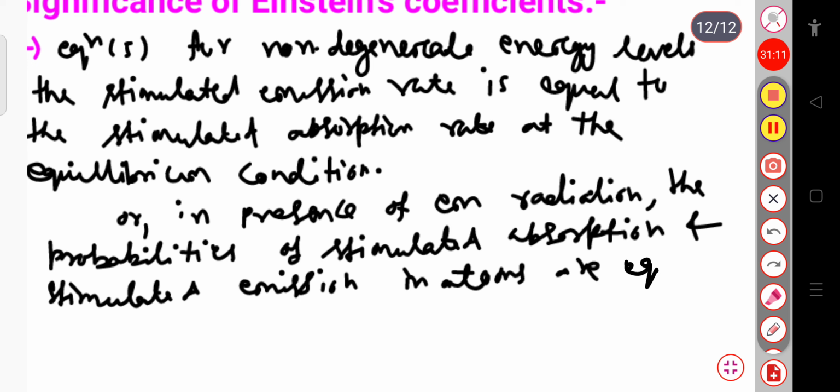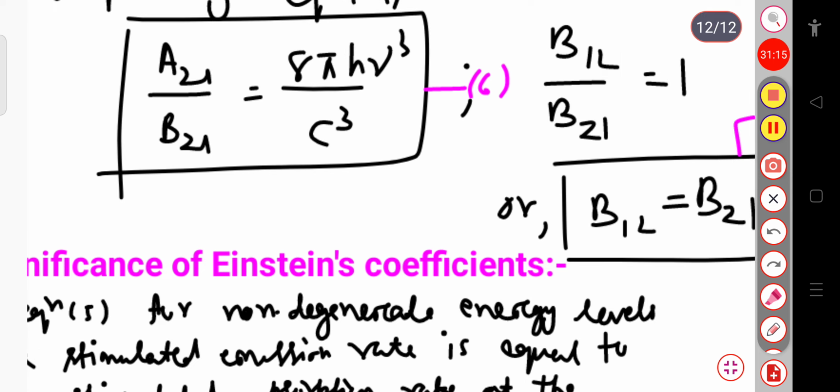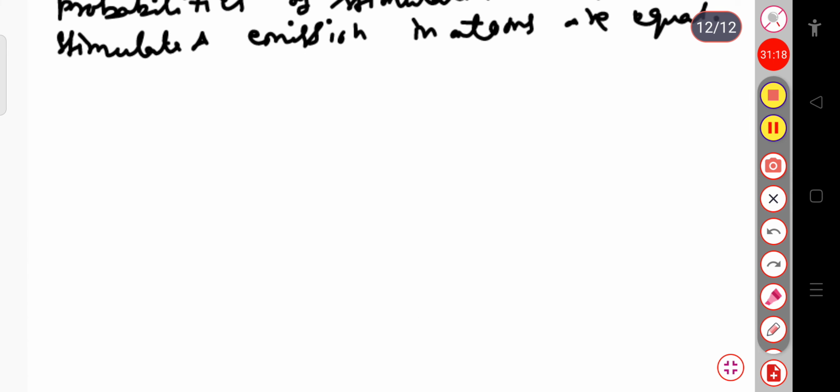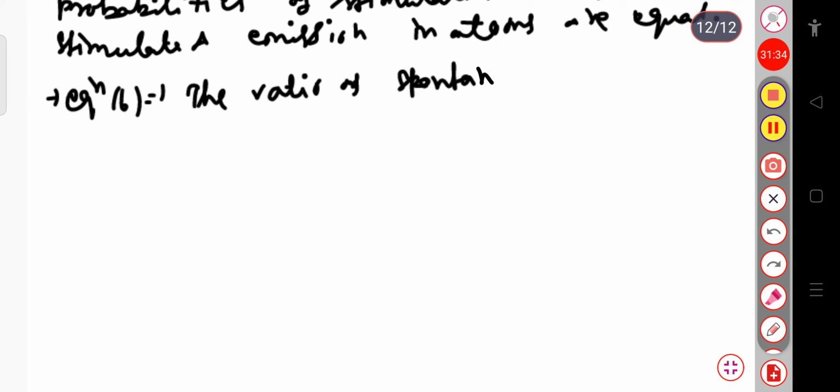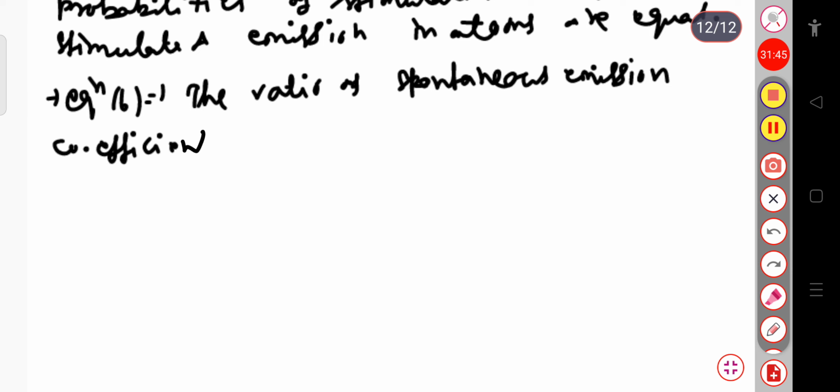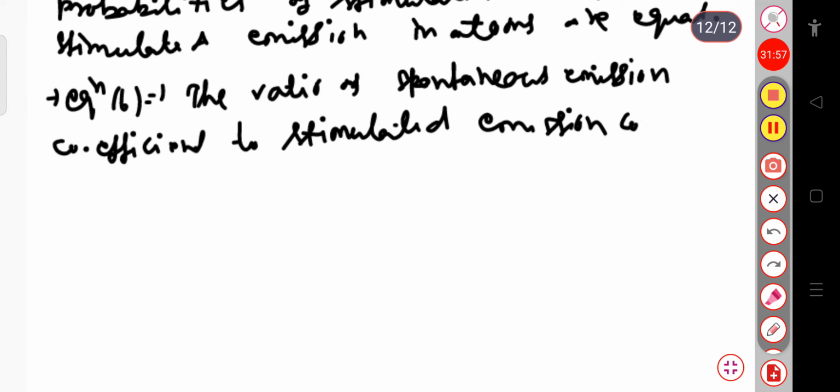Now we'll discuss equation 6. Equation 6 implies that the ratio of the spontaneous emission coefficient, A21, to the stimulated emission coefficient, B21, varies with frequency as nu cube.